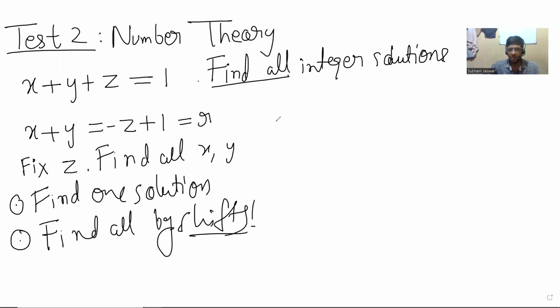So you can just take x equal to 1 and y equal to r minus 1, right? This is a solution. Or if you don't want, you can just take x equal to 1. Then it just becomes minus z y equal to minus z.